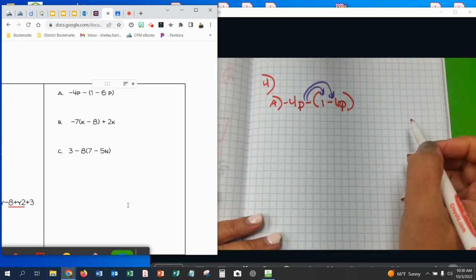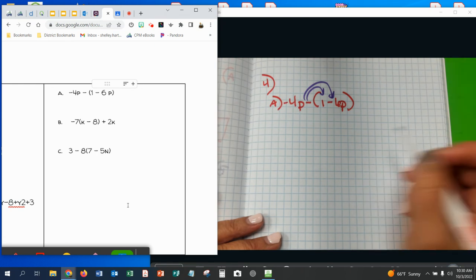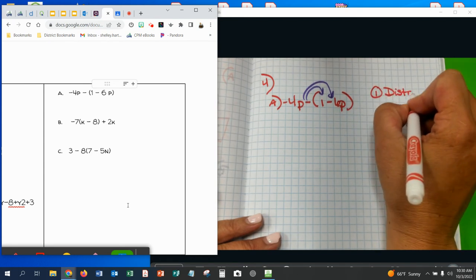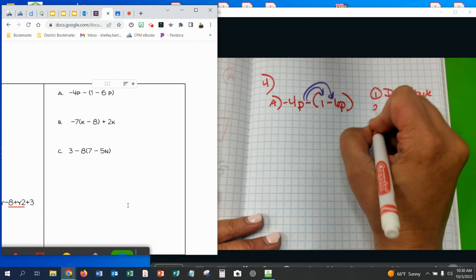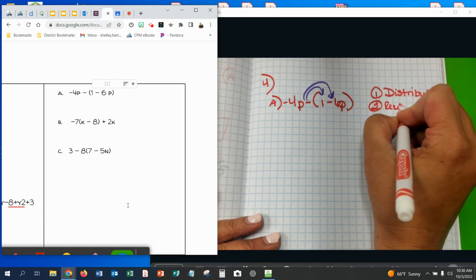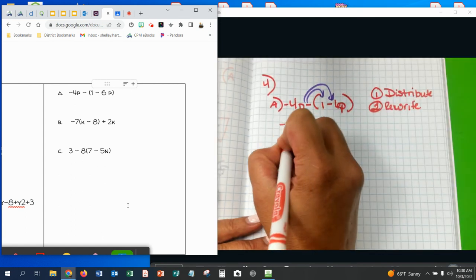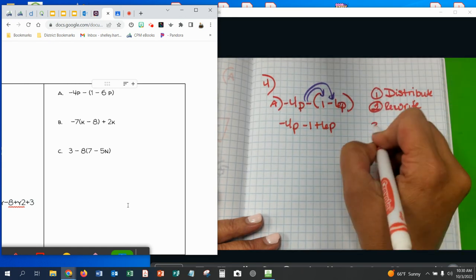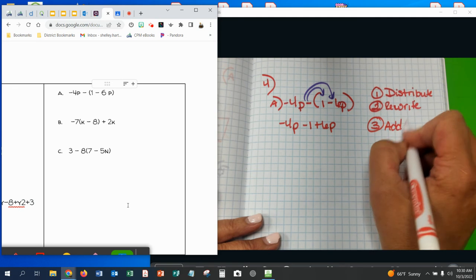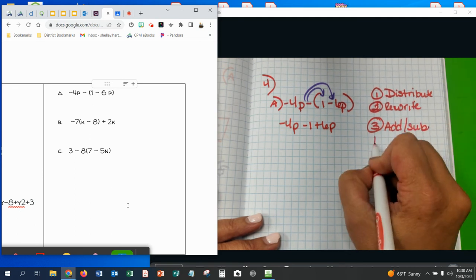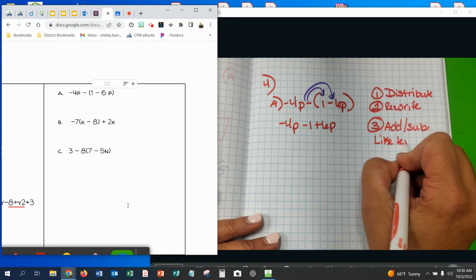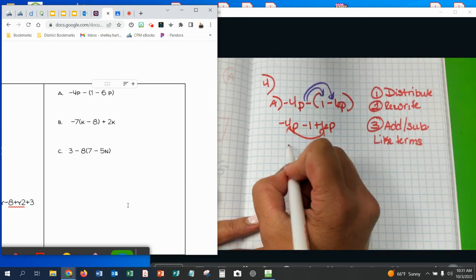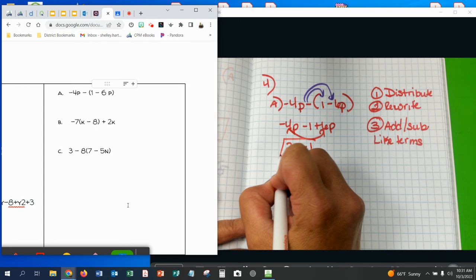Does it work for you guys if I write what I do and then you write it down too? So first thing, I'm going to distribute. Two, I'm going to rewrite: minus 4p minus 1 plus 6p. Three, add or subtract like terms. So 4p and 6p are the only like terms that I have, and so now it's going to be 2p minus 1, and that's A.